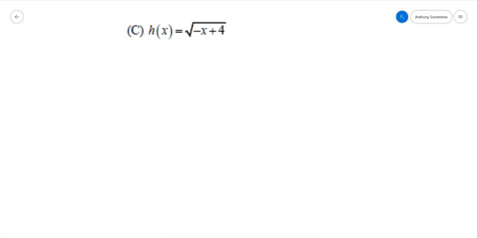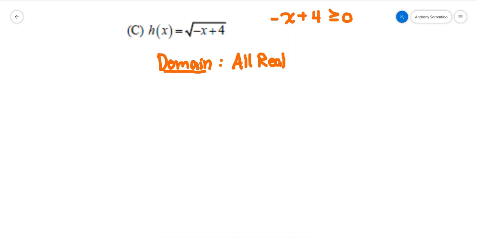Now here, the domain. Again, I start with all real numbers. Then I look for possible restrictions. Well, there are certain numbers that do not work underneath of a square root symbol. And basically, negative x plus 4 has to be greater than or equal to 0.